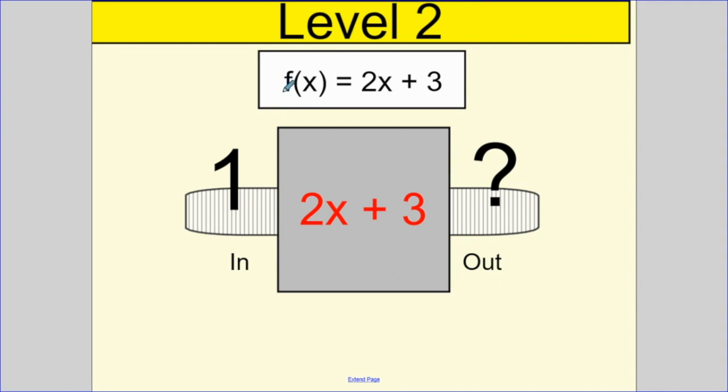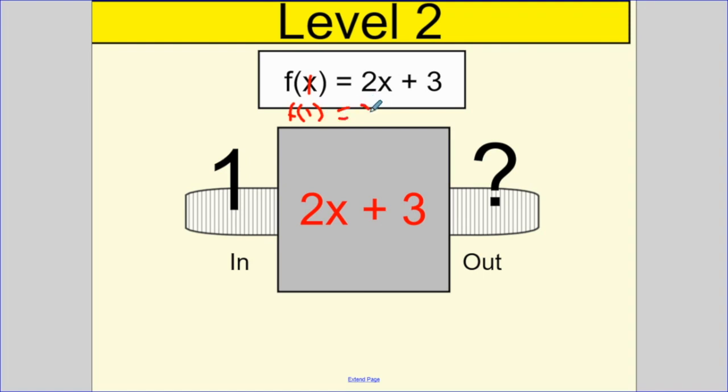And here is why that is very, very helpful. Here we have a function, f of x equals 2x plus 3. We're wondering what happens when we put 1 into our function. What are we going to get out? That means if our x is 1, we would replace all the x's with a 1.